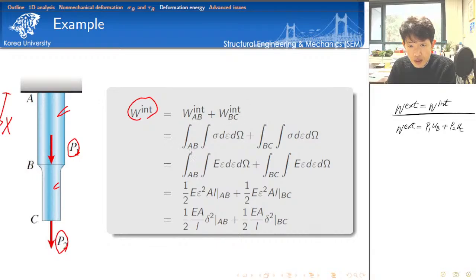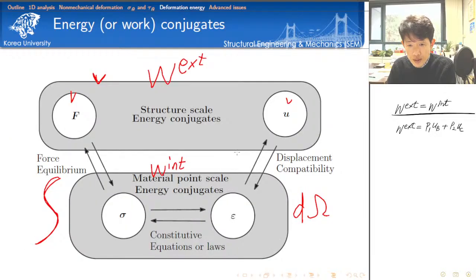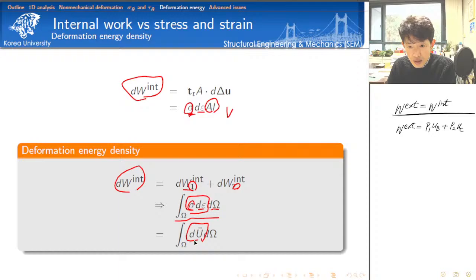We'd like to integrate the deformation energy density over segment AB and segment BC. And what do we have to integrate? We have to integrate the deformation energy density. Where is the deformation energy density? Here. This is the work done by the stress over the strain. This is the deformation energy density.